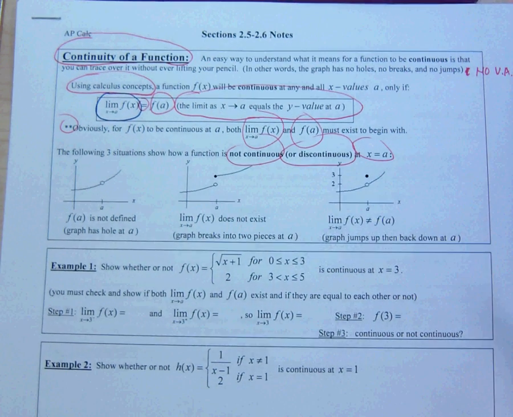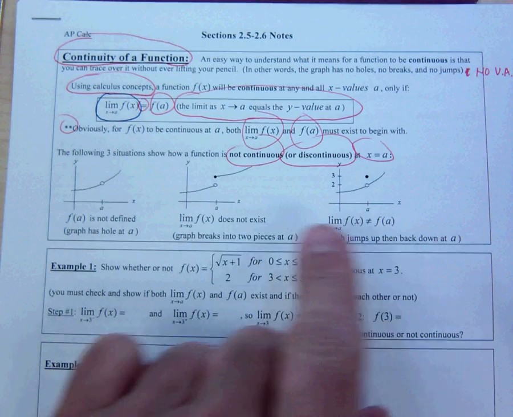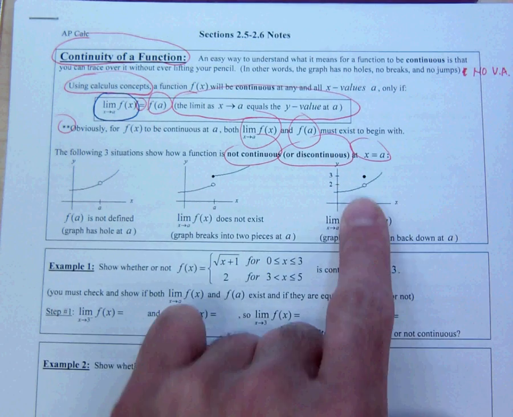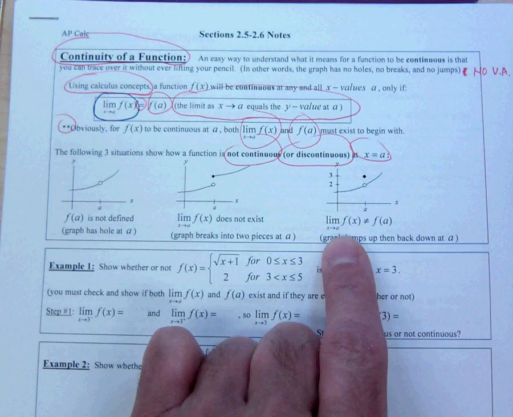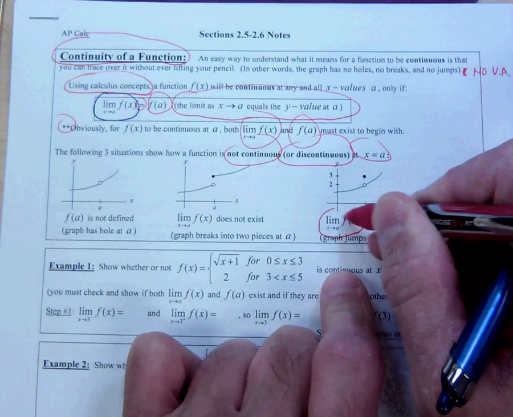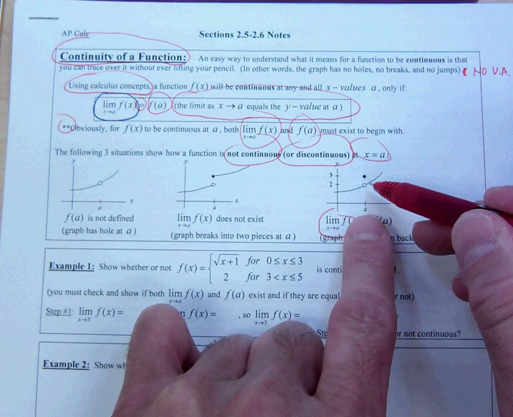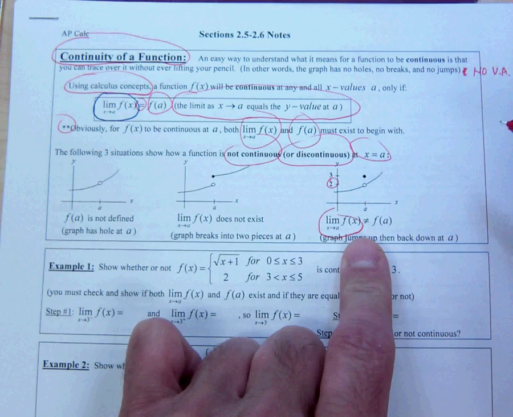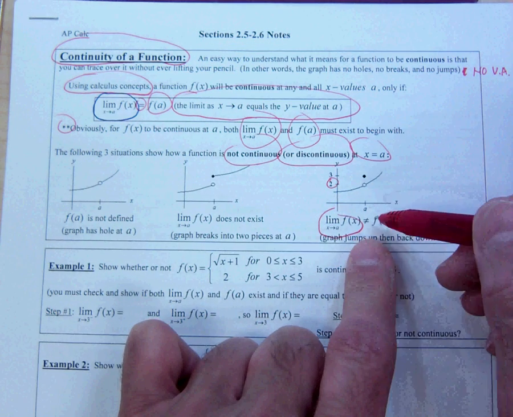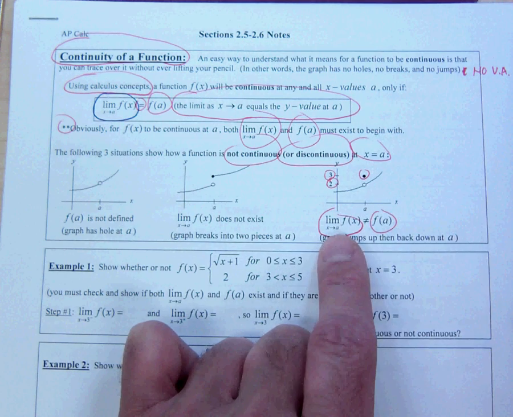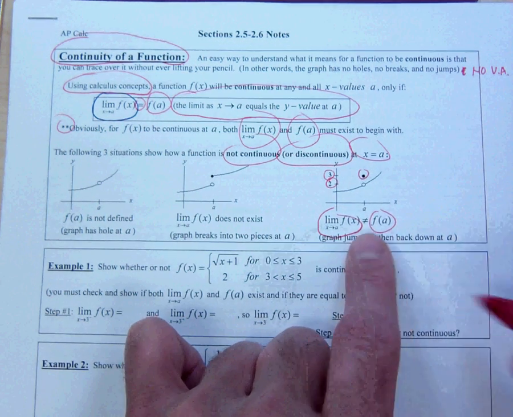Okay, so there's that. And then the third scenario is that in this case, does the two-sided limit exist? Yes or no? Yeah, it does. What is it? The y values are approaching 2, from the right and the left. So the limit does exist. It's 2. However, f of a is up here at 3. So even though the limit exists and even though f of a exists, they are not equal to each other.